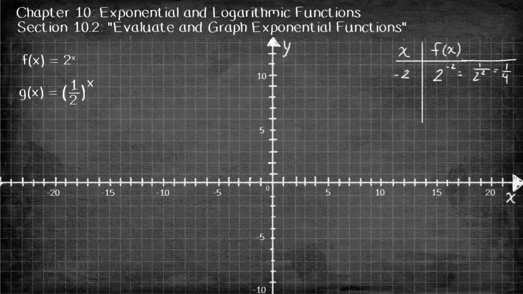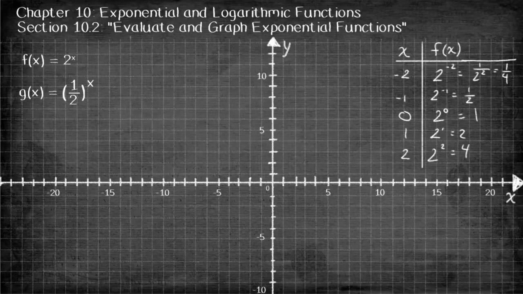Remember, negative exponents give us a reciprocal. 2 to the -1 is equal to 1/2. At 0, we have 2 to the 0, which is equal to 1. At 1, we have 2 to the 1, which is equal to 2. And at 2, we have 2 squared, which is equal to 4.